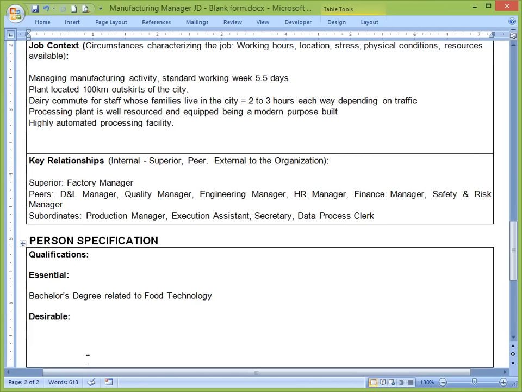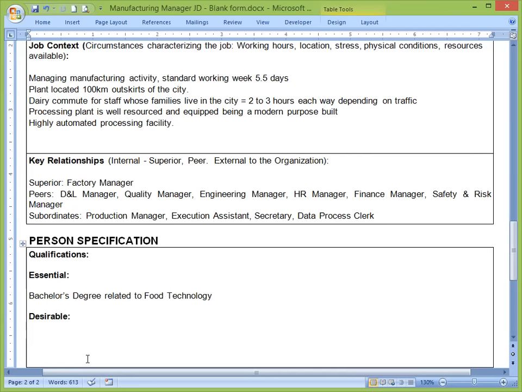New Zealand is also good when it comes to dairy plants, and also some countries like Australia. They're good when it comes to dairy technology.